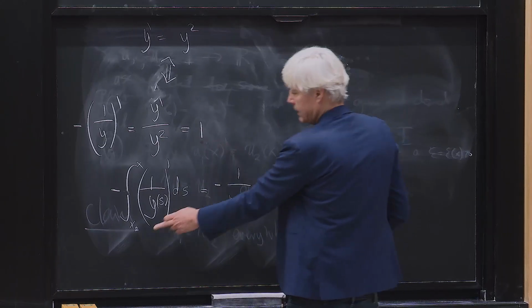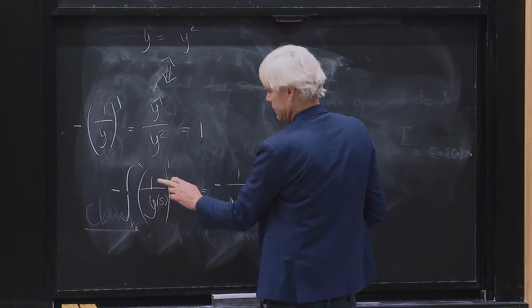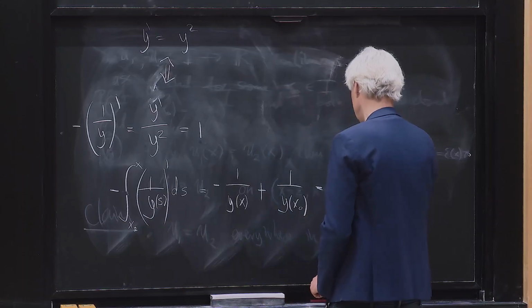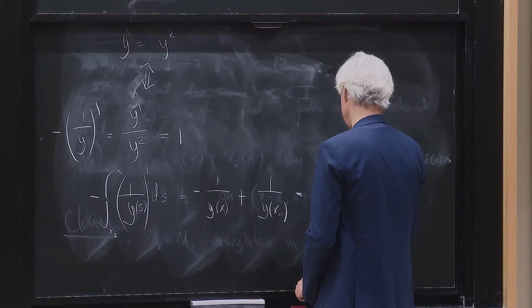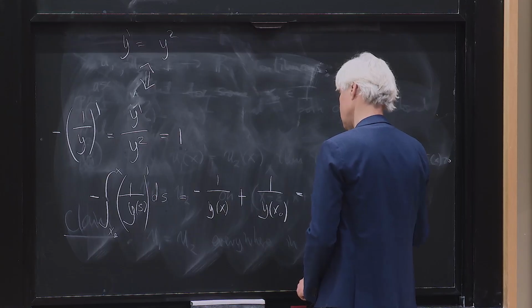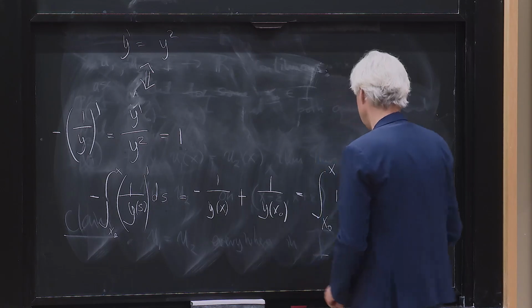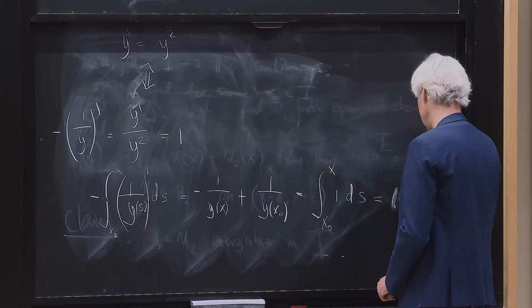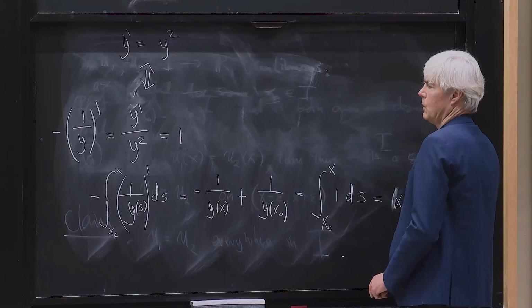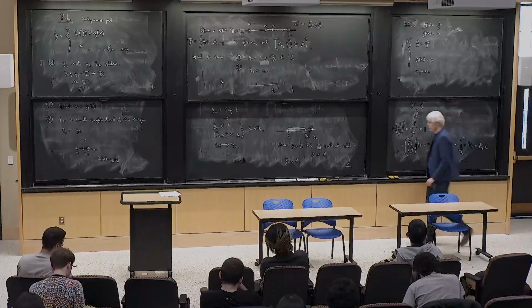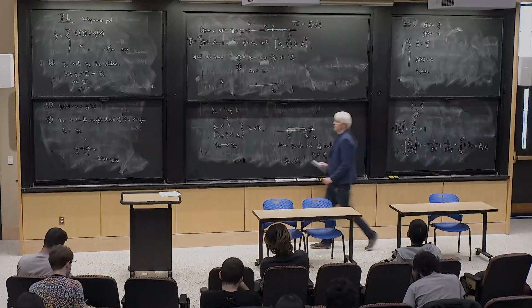When you're integrating this on this interval, from x0 to x, 1 ds, this thing here is just x minus x0. Okay?